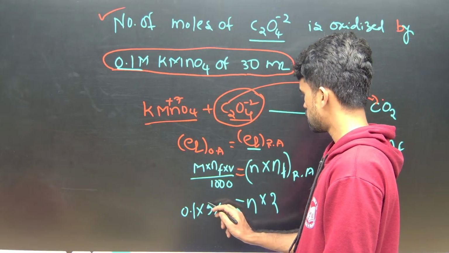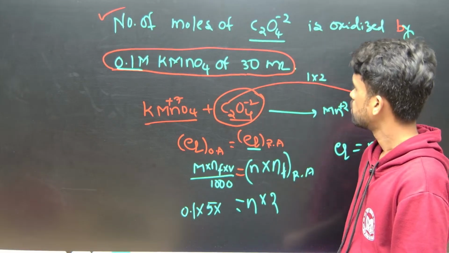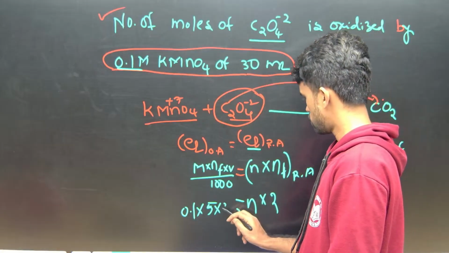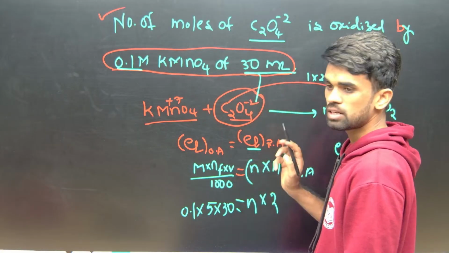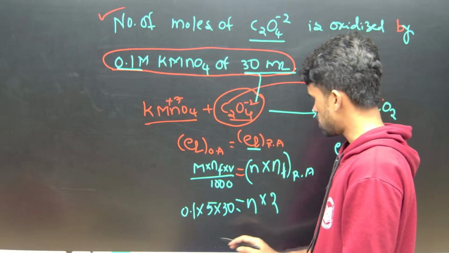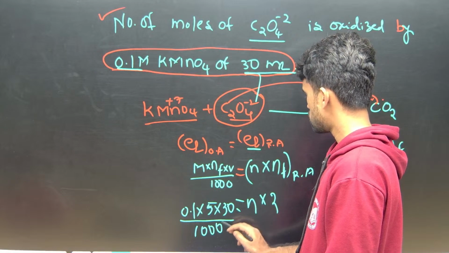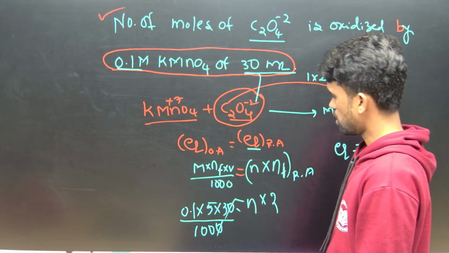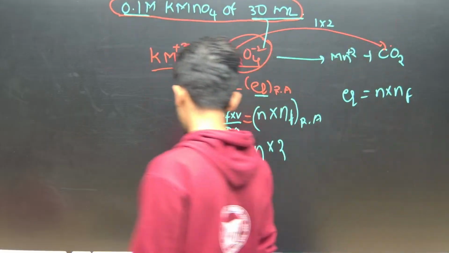And the next, what about volume? 30 ml. If it is mentioned in liters, do not take 1000 in the denominator. Since they mentioned ml, you divide this by 1000.